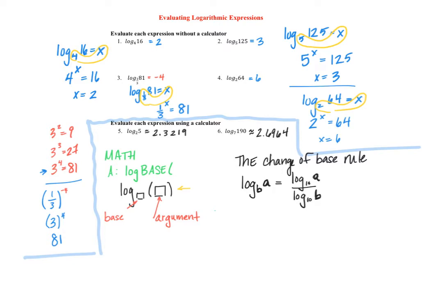Now, why did I choose to use base 10? Well, that's a great question. If we look on our calculator in that left-hand column, you are going to see a button that is written as LOG, capital LOG. And capital LOG is actually called the common log. And that is when you're working with log base 10.